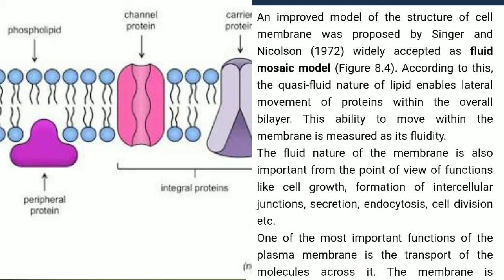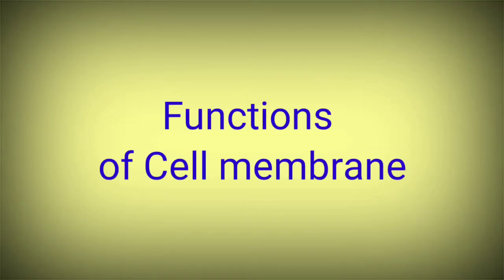Along with that, it also helps in cellular growth, formation of intercellular junctions, different secretions, and cell divisions. All these are possible because of this fluid mosaic model. Hence the fluid mosaic model became one of the accepted models of the molecular structure of the cell membrane. Now let's come to the functions of the cell membrane.